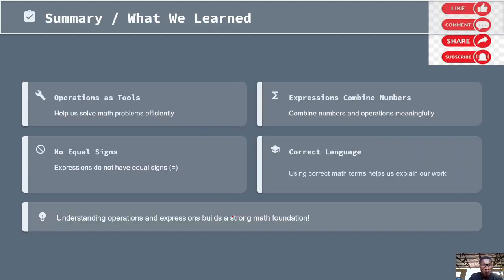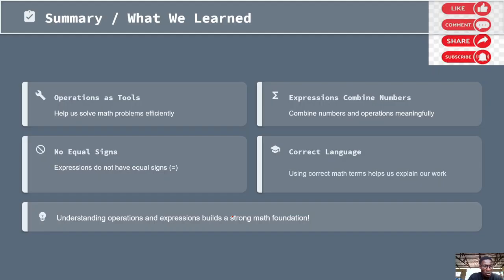So, brethren, this is what we've learned so far. Let us review what we learned today. We learned that operations are the tools of math, and you need them to solve any math problem. And we also learned that expressions are a combination of numbers and operations without an equal sign. And we also established the fact that expressions do not have an equal sign, while equations have an equal sign.